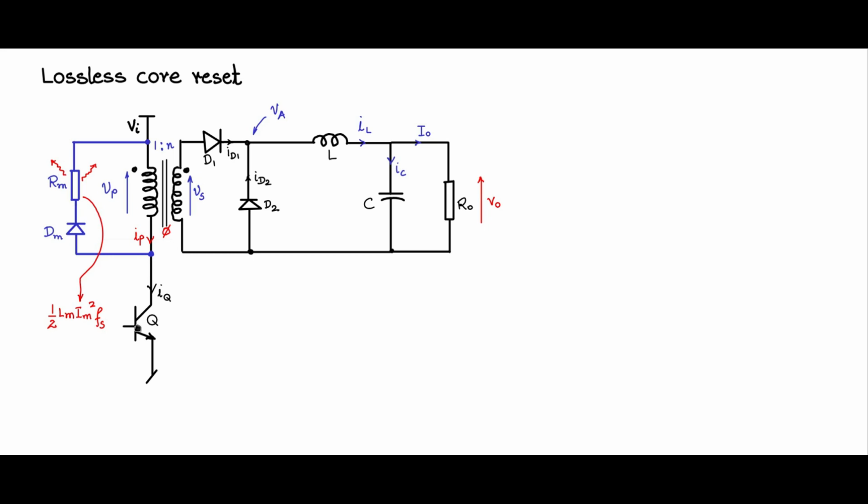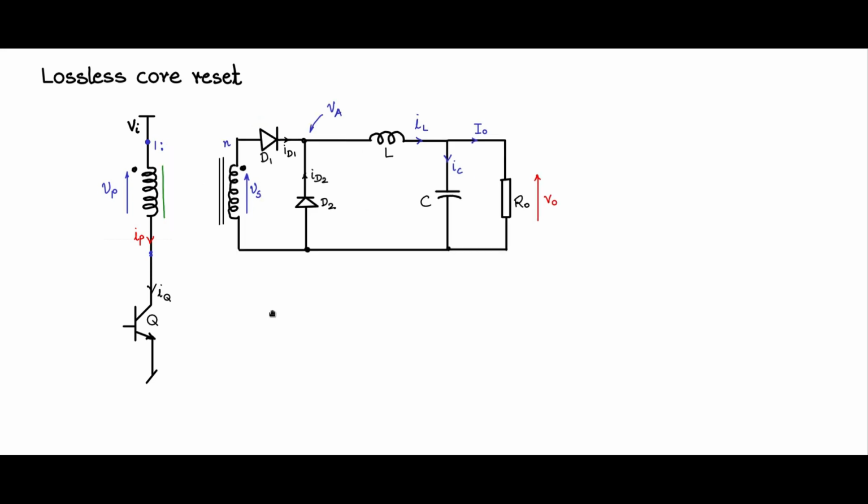So let us discuss another method of core reset where it is lossless. So lossless core reset. What we do is first we remove this and then let me make some space, and I will introduce one more winding which is tightly wound to the primary 1:1.